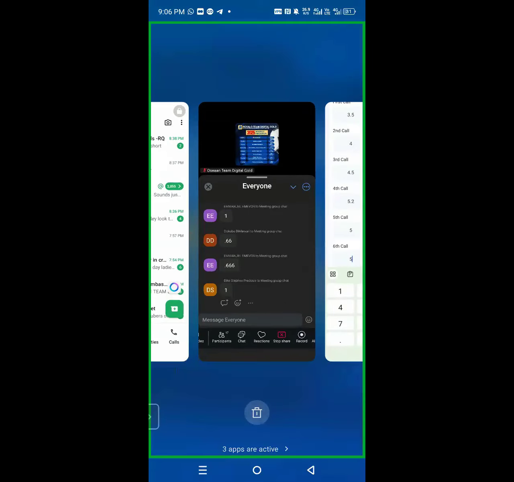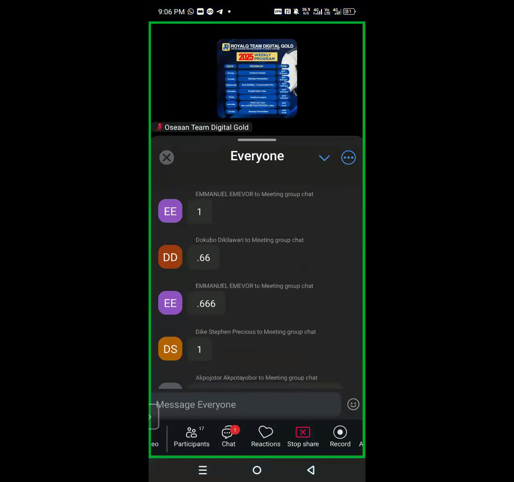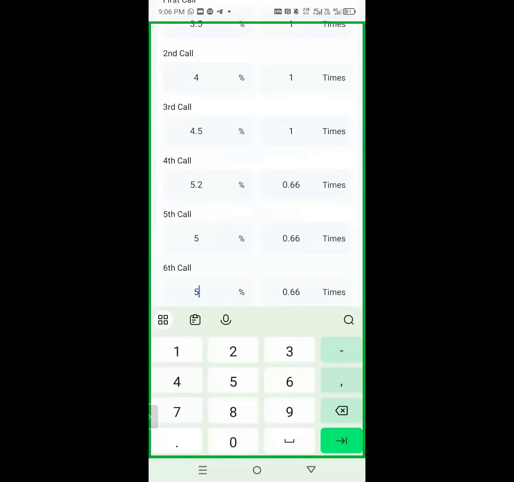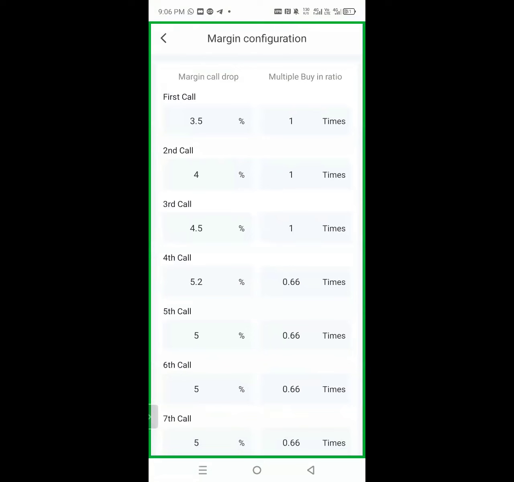Explain the right hand side again. Okay. The right hand side is, your capital is $100 for this example, and you are using 15 as your first buy amount. The remaining 85, you have to arrange it. You understand? That is how we said, out of the 85, I want the robot to buy my first 3 margins with $15.